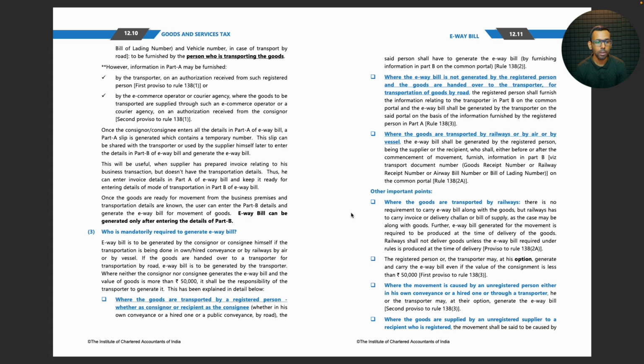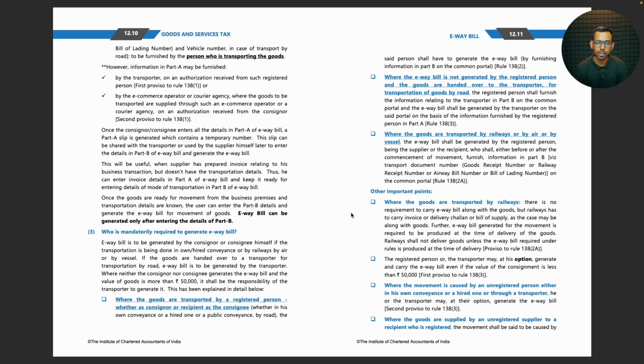However, information in Part A may be furnished by the transporter on an authorization received from such registered person, first proviso to Rule 138 Sub Rule 1, or by the e-commerce operator or courier agency where the goods to be transported are supplied through such an e-commerce operator or a courier agency on an authorization received from the consignor, second proviso to Rule 138 Sub Rule 1.